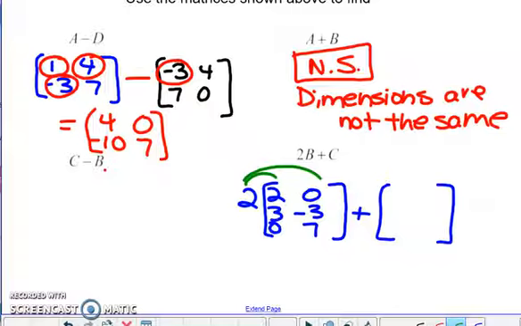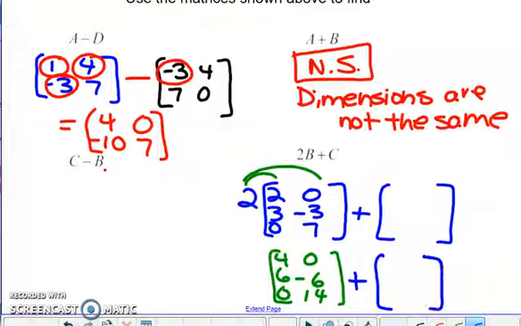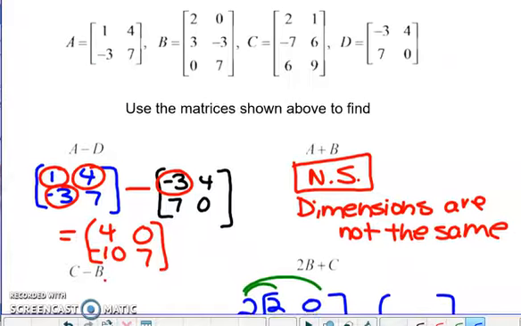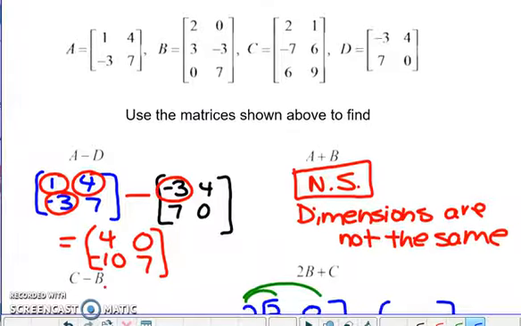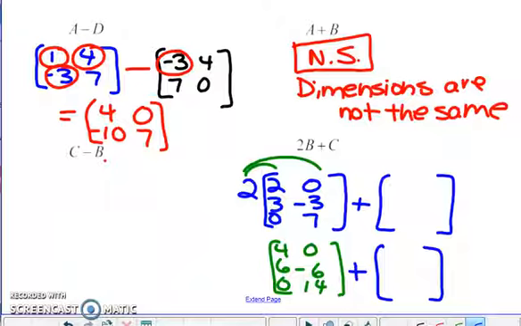Remember, you always multiply before you add and subtract. So if I multiply by that 2, 2 times 2, 2 times 3, 2 times 0. 2 times negative 3 is negative 6. 2 times 7 is 14. Okay? We would go ahead and add the second one, which is C. I'm going to take a peek at what C is. 2, negative 7, 6.